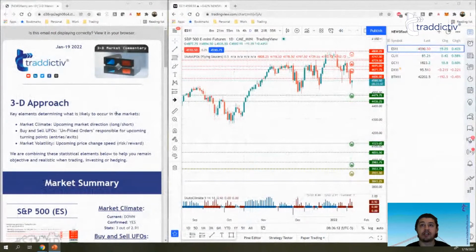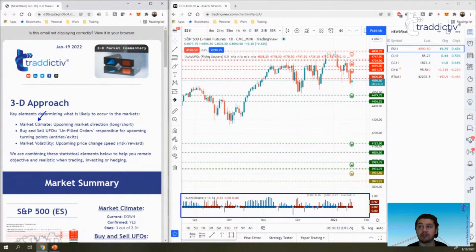So the 3D market commentary would look something like this in your inbox. We call it a 3D market commentary because we look at three dimensions of each of these markets that we're going to go through today. The first is the market climate, which is also represented by our Auto Climate indicator down below. The second is the buy and sell UFOs, those unmistakably named flying saucers, where the potential unfilled orders are, the upcoming turning points, entries, and exits.